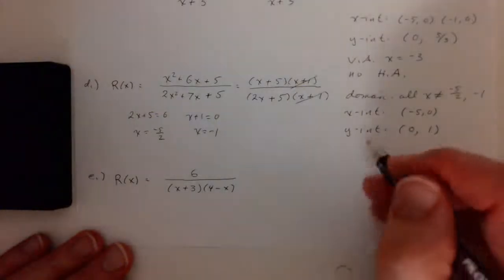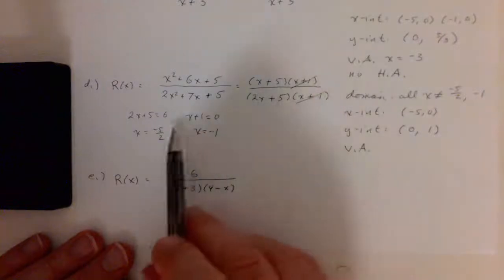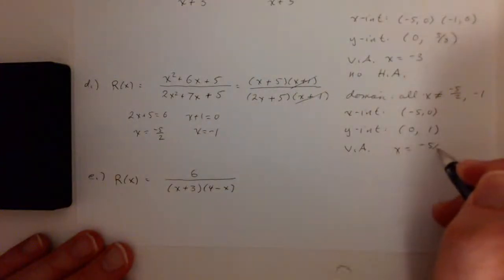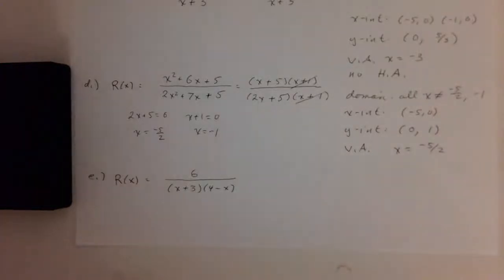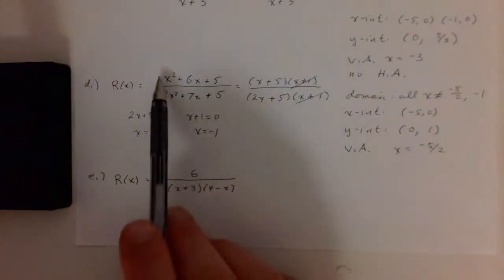The vertical asymptote, well, that'll just be where 2x plus 5 is 0, and that's -5/2. And the horizontal asymptote, we look at the degrees. They're both 2. Leading coefficients are 1 and 2. 1 divided by 2 is 1/2.